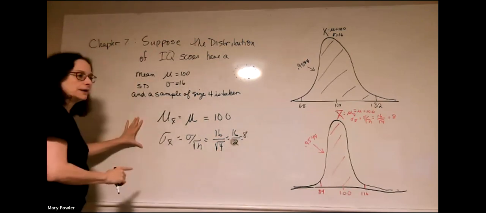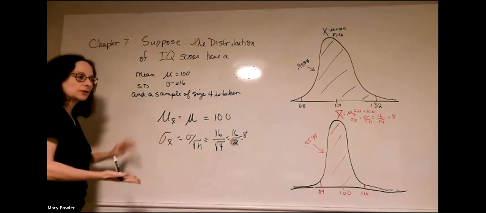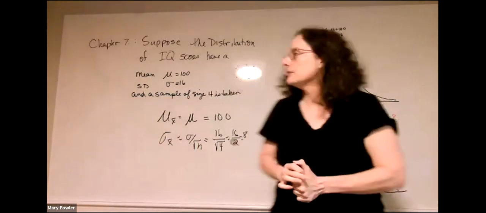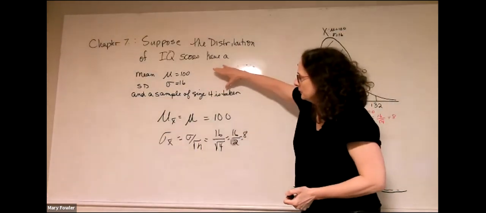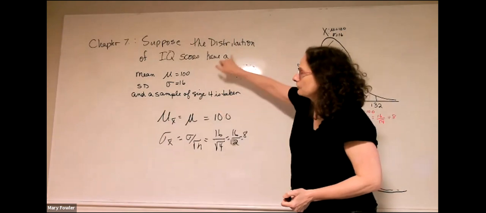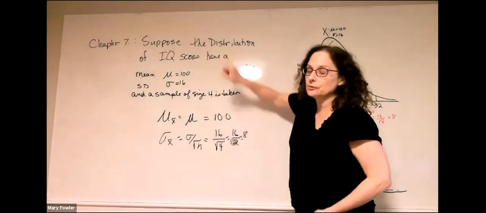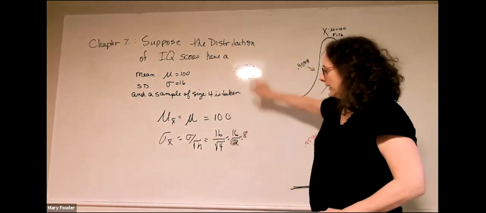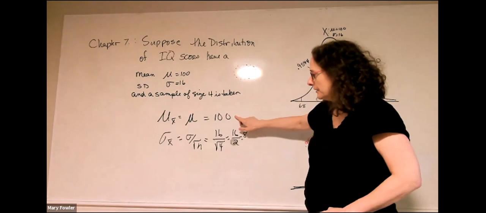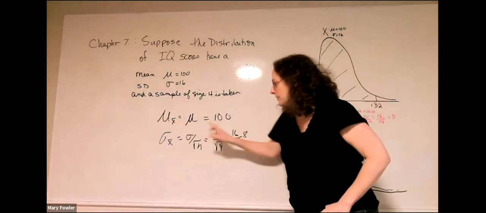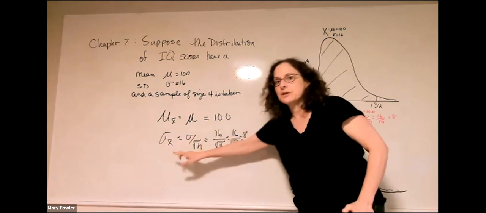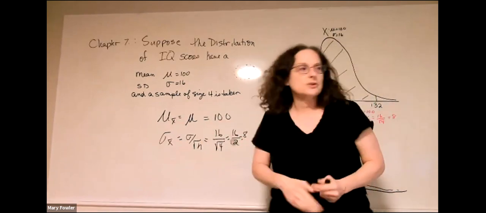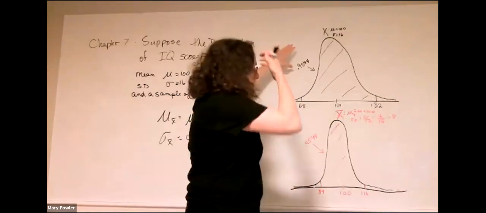So what the formulas are leading us to is that the distribution of the mean of a sample of 4 individuals from the IQ population has a mean of 100. Mu sub X bar is 100 and sigma sub X bar, the standard deviation of that distribution of the sample mean, is 8.